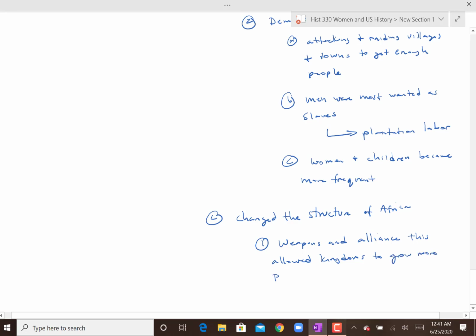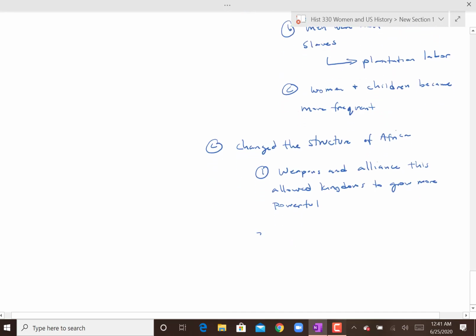And it allowed them to take over and conquer other societies that didn't have the guns and the support and the wealth that they were earning from the slave trade. And so it fundamentally shifted borders and kingdoms and towns and alliances within Africa because of that.